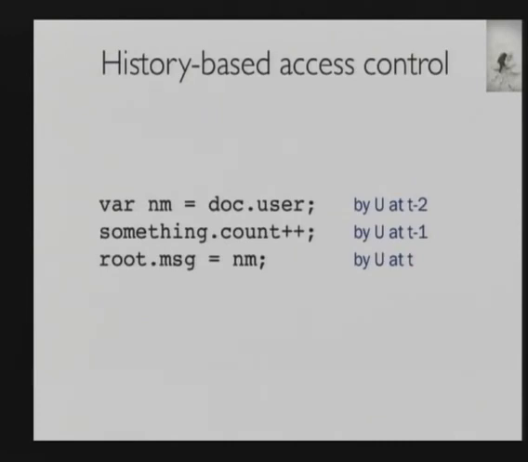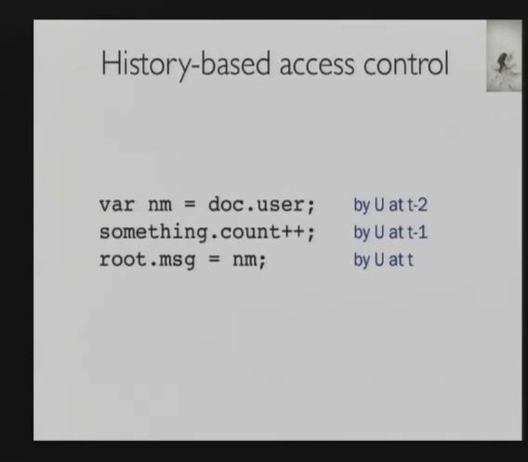So the idea of history-based access control is to look at chunks of computation and use all the information we have in that chunk, in that history, to decide whether an operation is allowed or not.